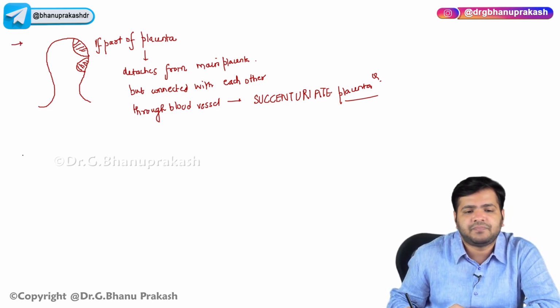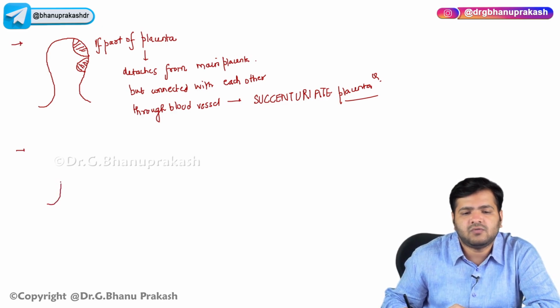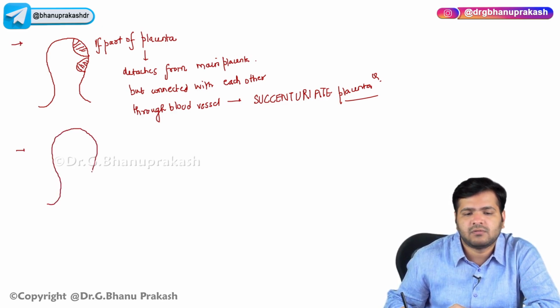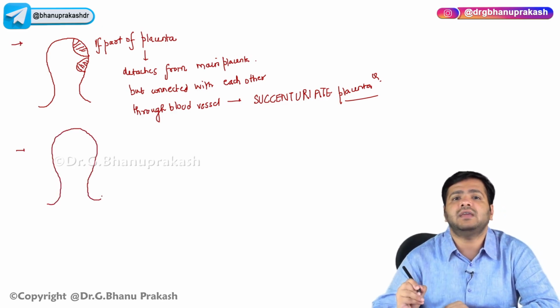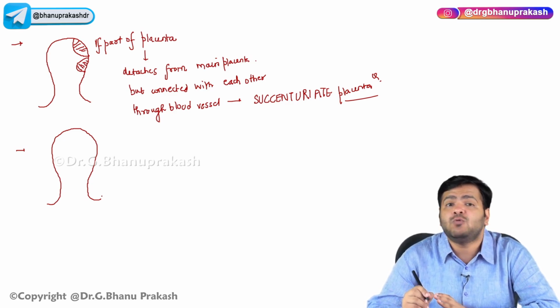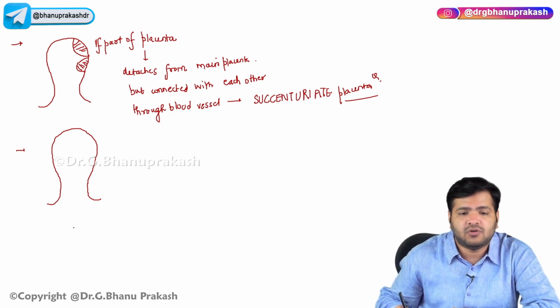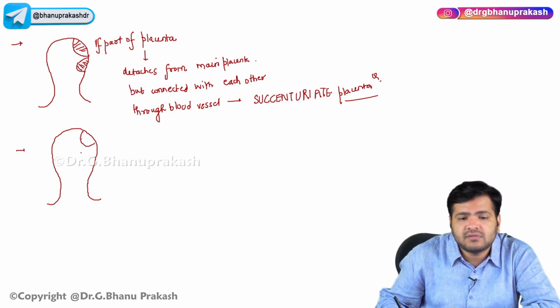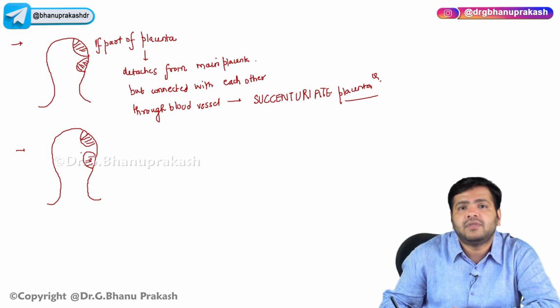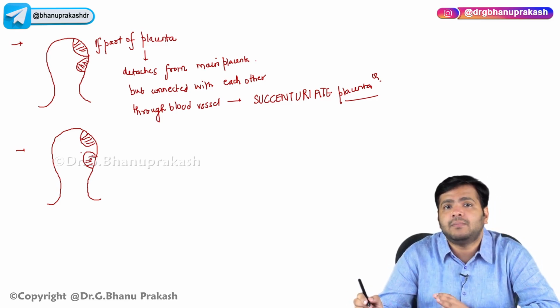Suppose this is the uterine cavity. Now, if there are two equal parts of the placenta, let me draw this. Suppose this is one placental part and this is another placental part, two equal placental parts, okay?